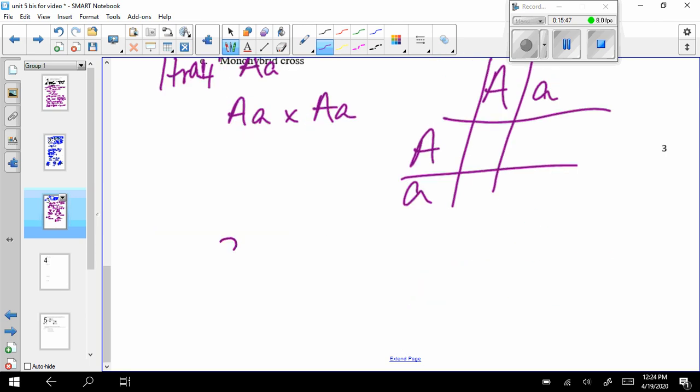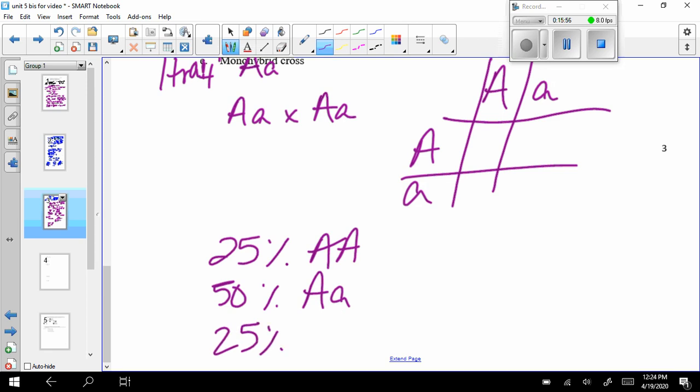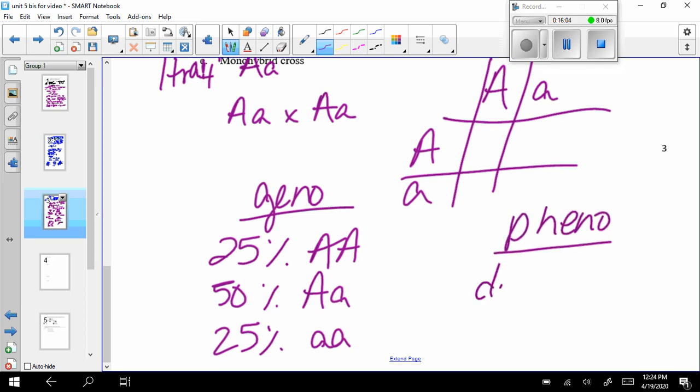And you know that you're going to get 25% big A big A, 50% big A little a, and 25% little a little a. So these are my genotype frequencies. And if this was a case of dominance, my phenotype frequencies would be that the dominant trait would be 75% expressed, and the recessive trait would be 25% expressed.